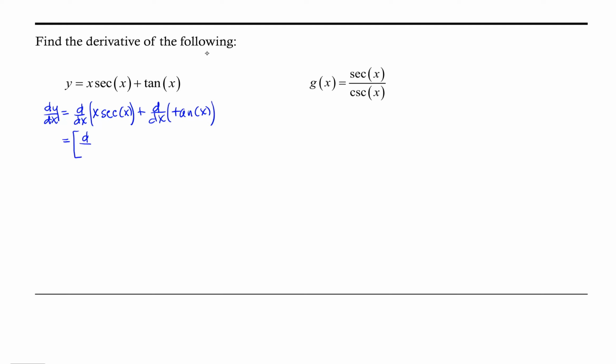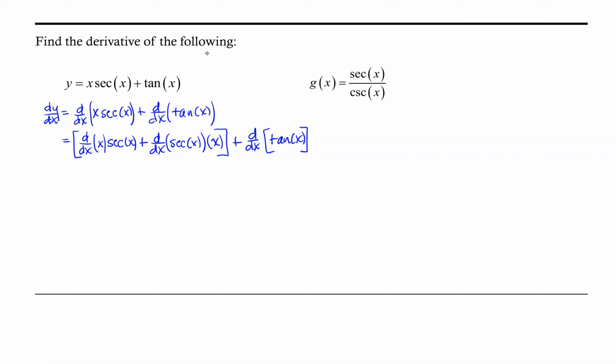So that's going to be the derivative of the first factor, x, times the second factor, secant x, plus the derivative of the second factor, secant x, times the first factor, which is x, then plus the derivative of tangent x.